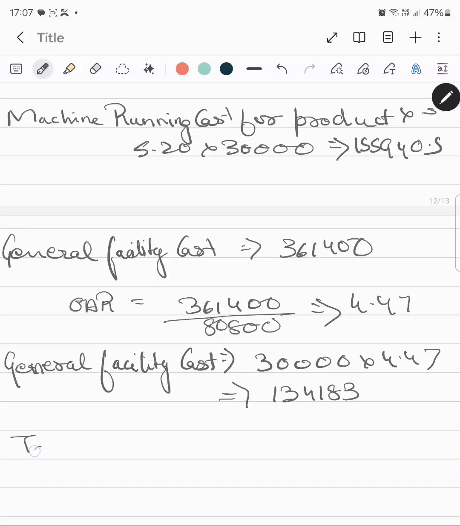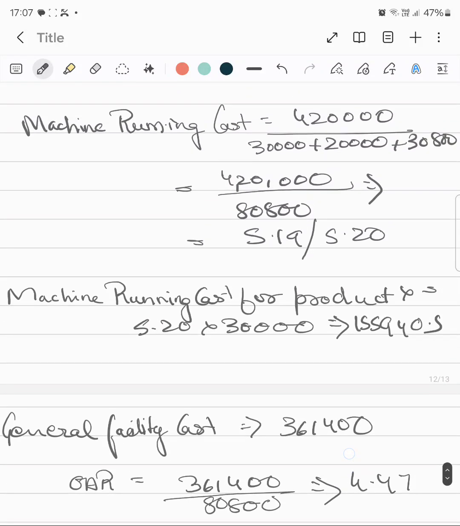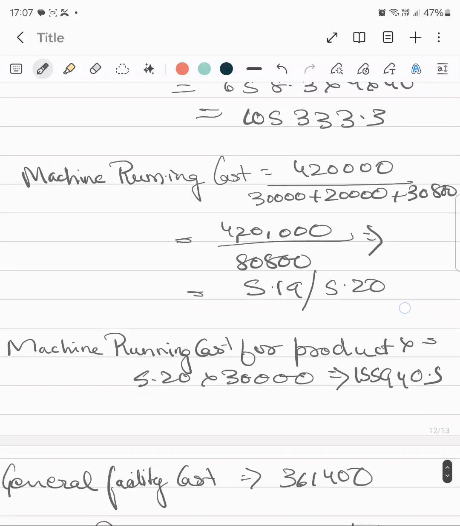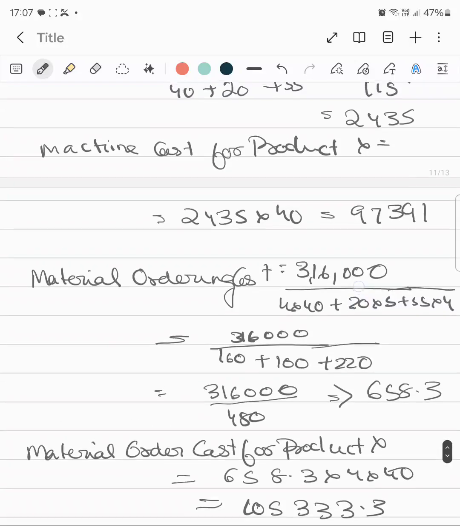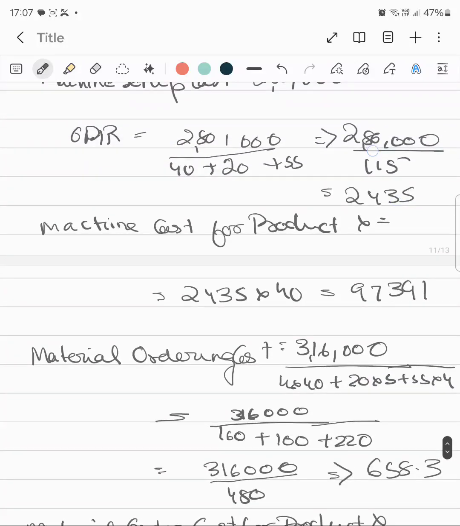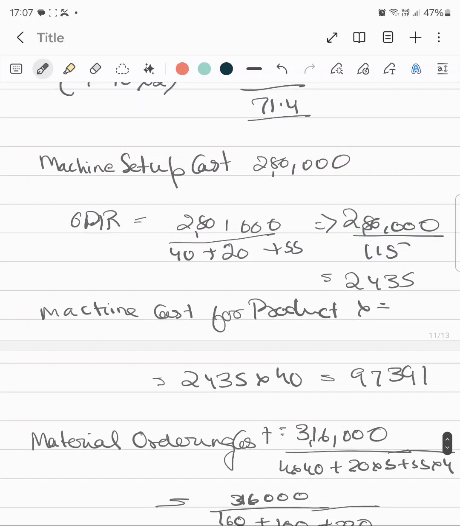So the total overhead cost is 134,183 plus 155,940.5 plus 105,333.3 plus 97,391.